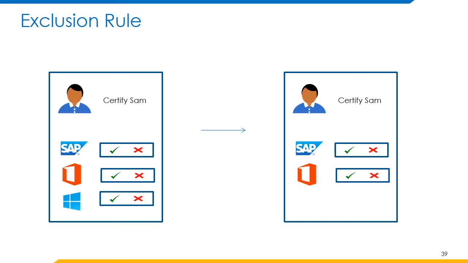The inputs to the exclusion rule are certification, which represents the certification under consideration, certification context, items which shall contain the list of items that are currently considered.